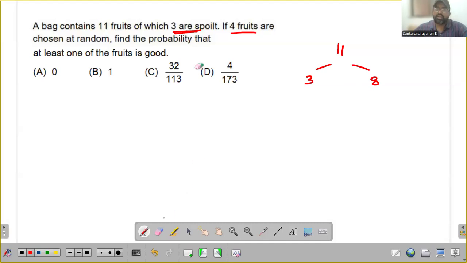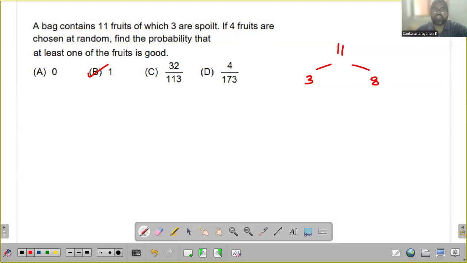So when you are drawing 4 fruits, the worst scenario that can happen is all 3 of them are spoiled, which means definitely the remaining one has to be the good one. So the question is, find the probability that at least one of the fruits is good. Under any circumstances, at least one fruit is going to be a good one only. So for this question, you have to go ahead with option B.